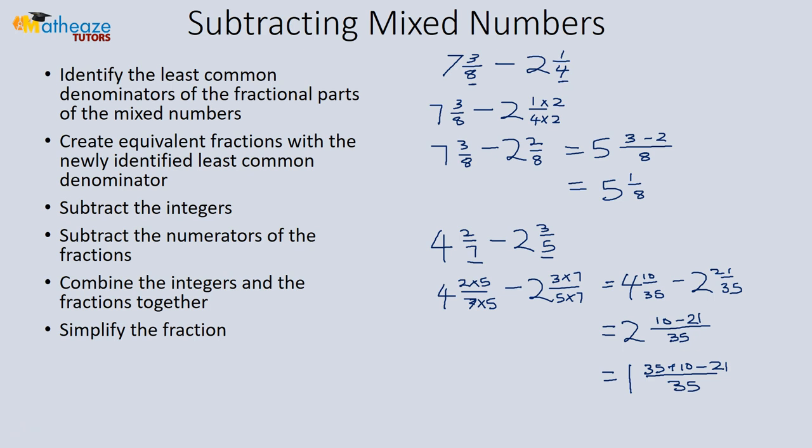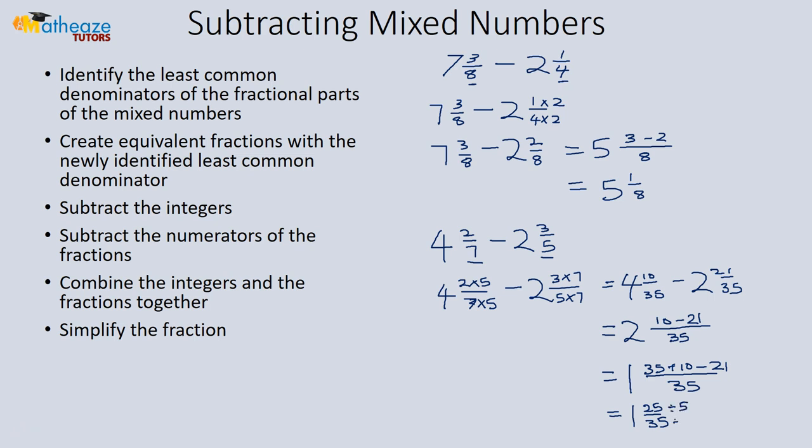This 35 and 35 up here represents the 1 that we borrowed. So this is going to give us 35 plus 10, that's 45, minus 21. That's 25 over 35.